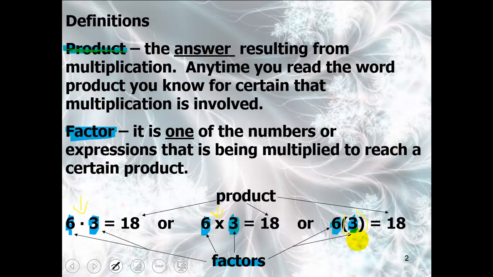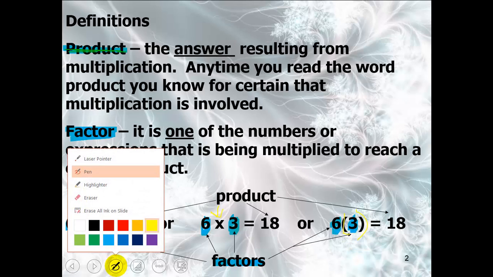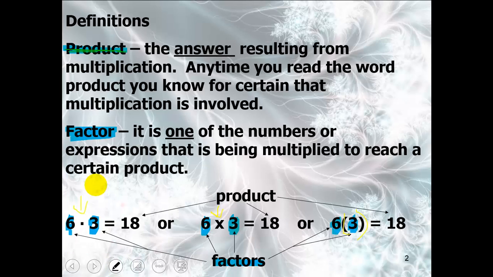Now, the next thing that you want to notice here, the products, I have them all. Products are the answer to the multiplication. Product is the answer. Factors are the things being multiplied together.